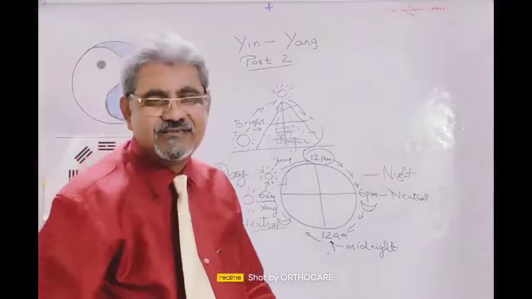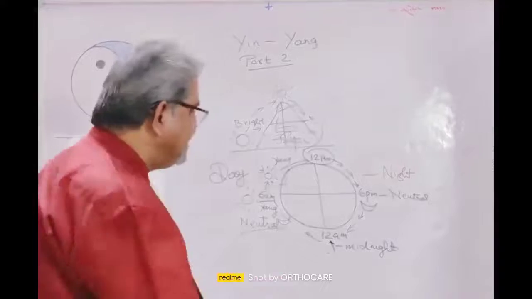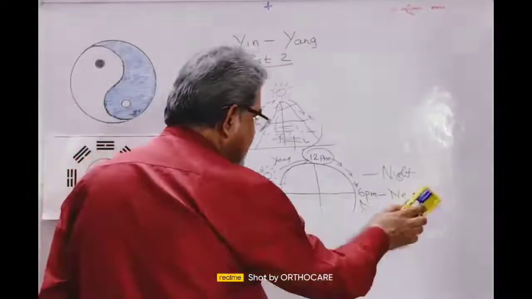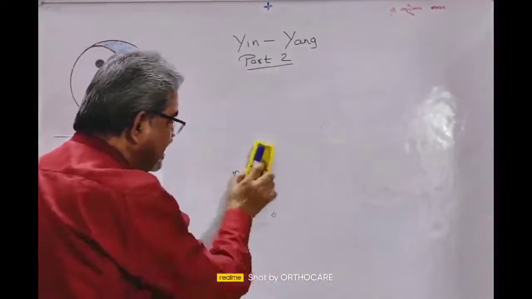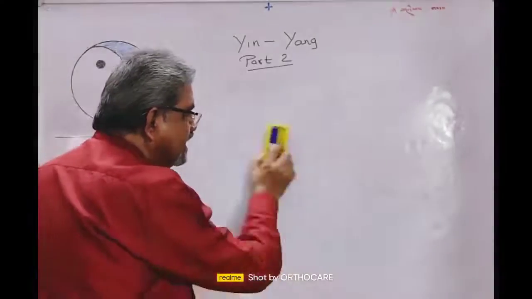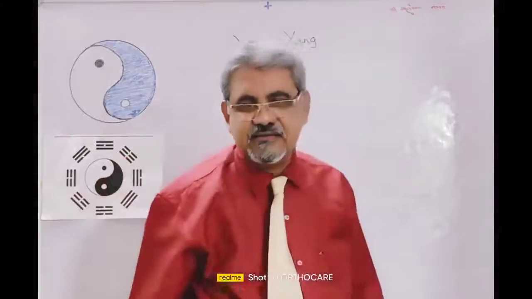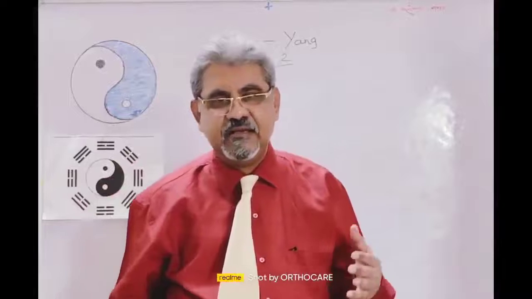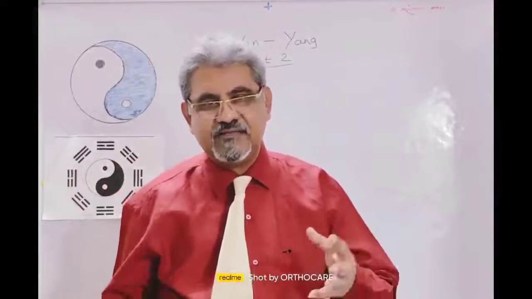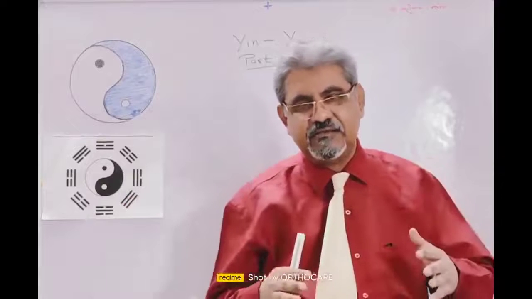So this is the circle and the cycle of yin and yang, a substantial proof of how yin and yang are dependent on each other, correspond to each other, compromise with each other, as well as are consumed by each other.